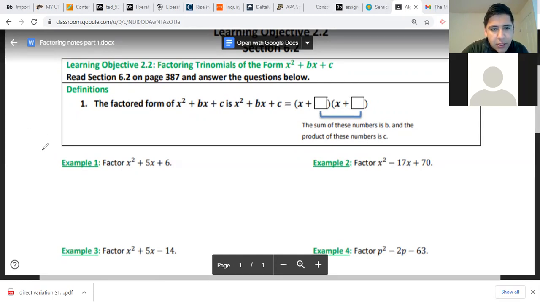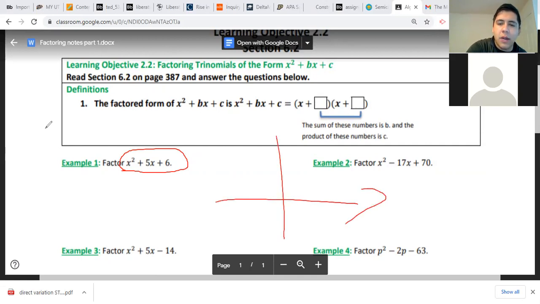Now, when we're looking at factoring, something like this is a quadratic equation. A quadratic equation, when you graph it, is going to look something like this, like a little U shape.